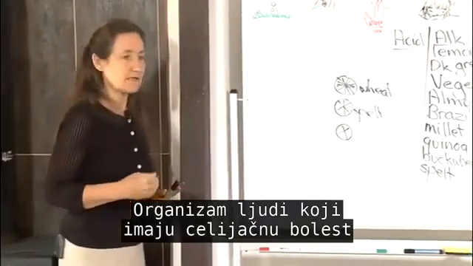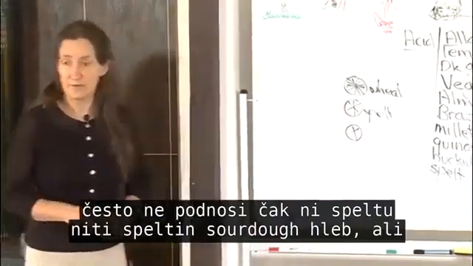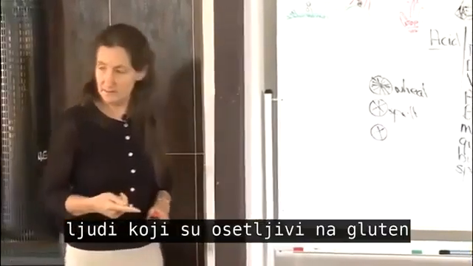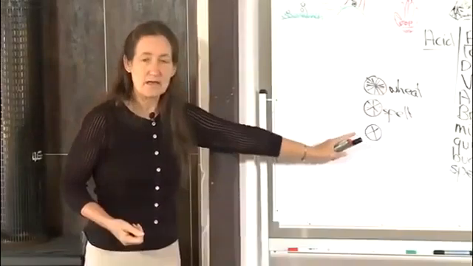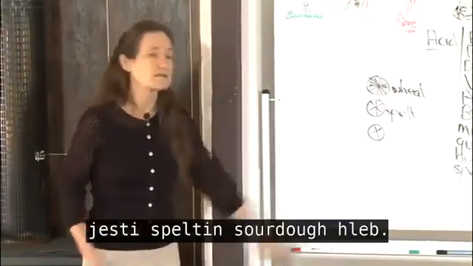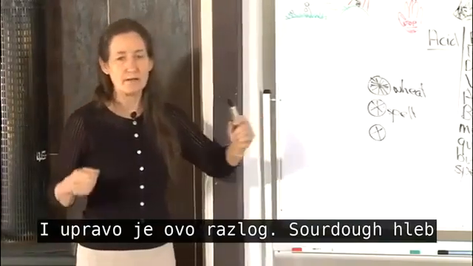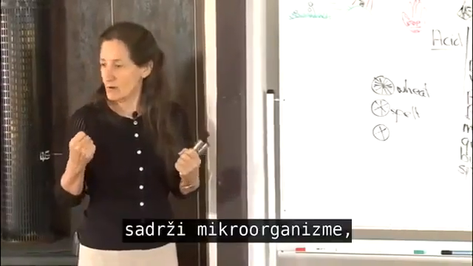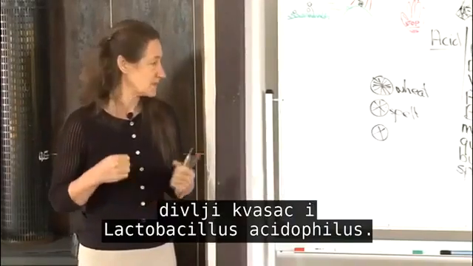People with celiac often cannot handle spelt or even spelt sourdough bread, but people who are gluten sensitive or gluten intolerant, they can handle the spelt. And some cannot handle the spelt, but they can handle it as a sourdough. And that's why, because a sourdough bread contains microorganisms, wild yeast and Lactobacillus acidophilus.